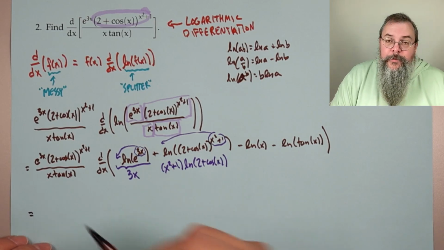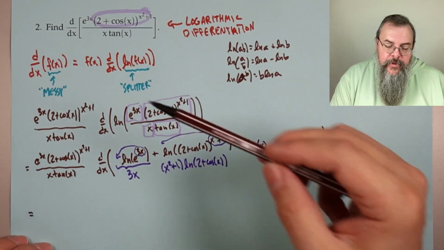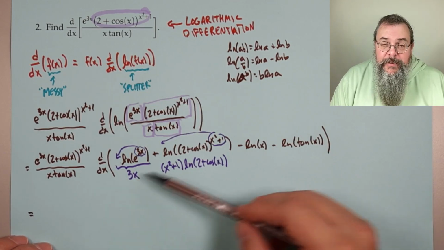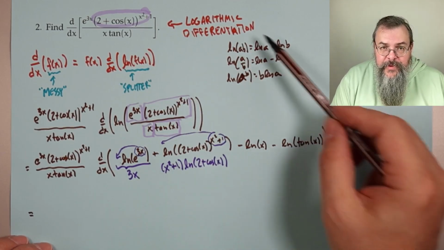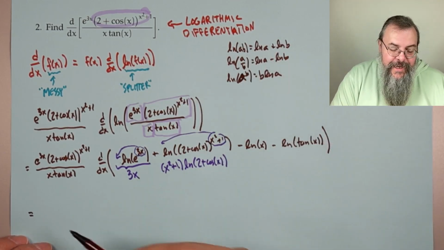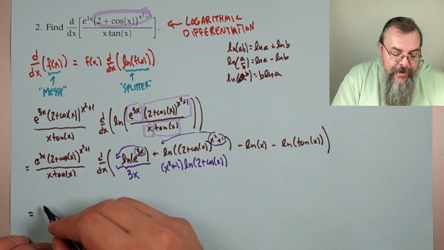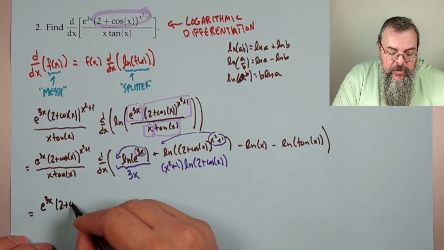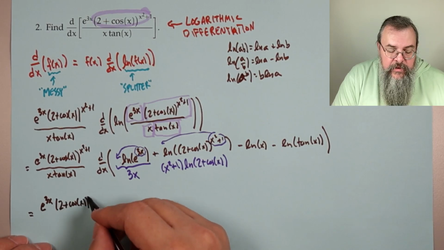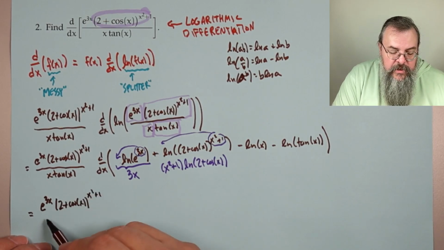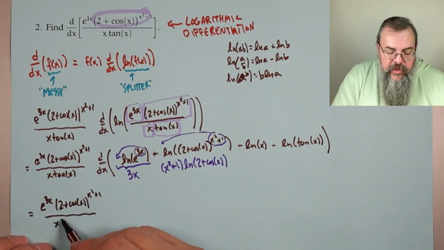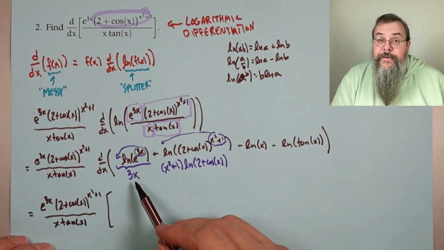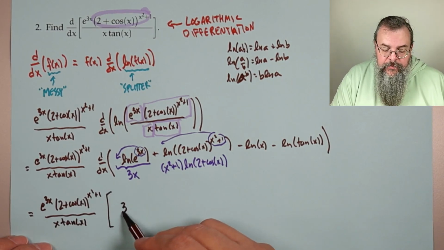So, recap. Know the formula for logarithmic differentiation. Use properties of logs to pull things apart. These are the properties of logs. And then take a derivative, and life is good. So e to the 3x, 2 plus cosine of x to the power x squared plus 1 over x tangent of x times derivative of 3x, 3.